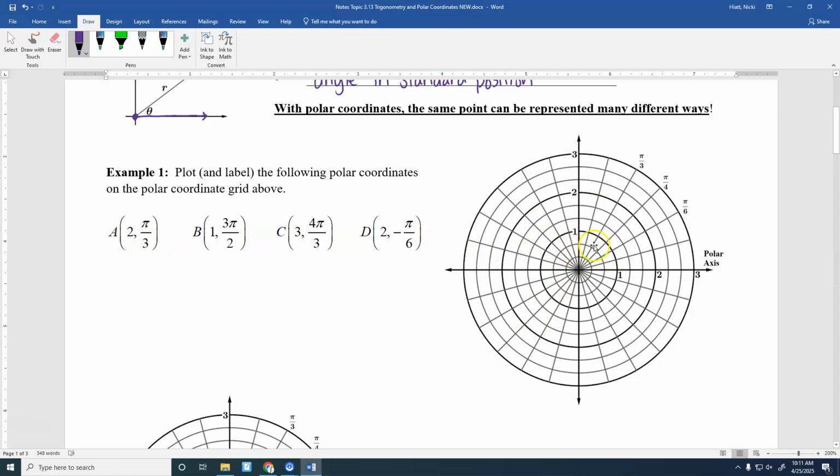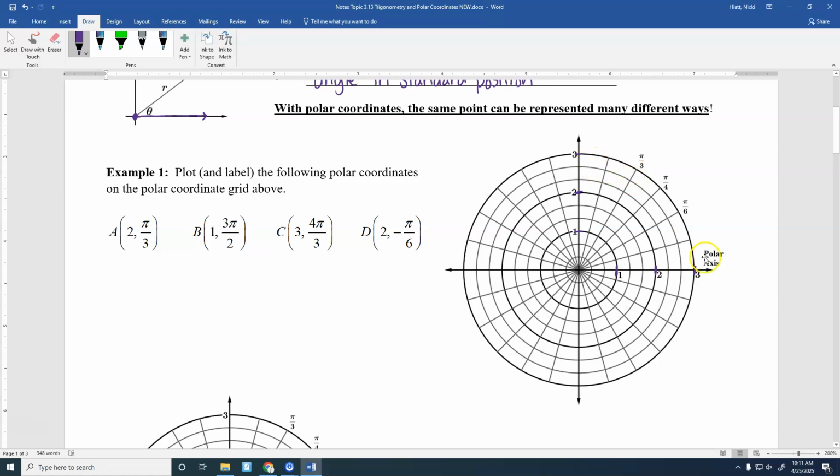And you'll notice that it is labeled like here, 1, 2, 3. You can still think of this as your x and your y coordinate. So like right here's 1, here's 2, here's 3. But rather than going over 1 up 2, we are going to pick an angle and just go out that distance. So like pi over 3, 2, I'd go to pi over 3.